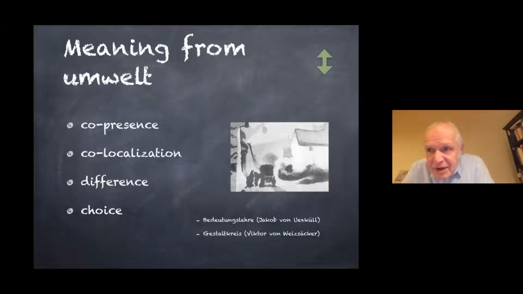This cannot be without simultaneity, which means of subjective time. It makes the concept of meaning in the framework of Umwelt quite rich. That Umwelt is related to simultaneity, Gestalt, and choice was demonstrated in the works of Viktor von Weizsäcker.